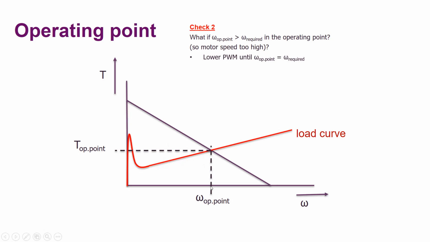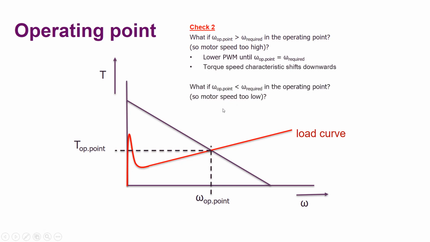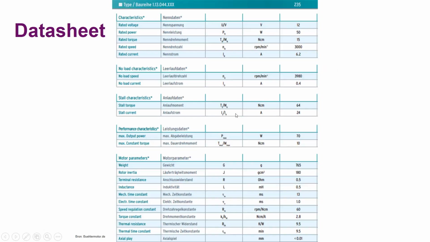Then my speed in the operating point, at this constant torque value, will lower until it is the required motor speed. On the other hand, when the speed in the operating point, given this torque value, is too low, then we can't use the motor. Then you have to switch to another motor. So that is check number two.